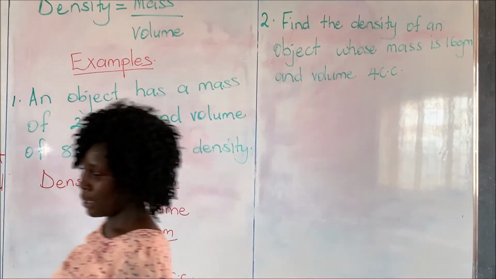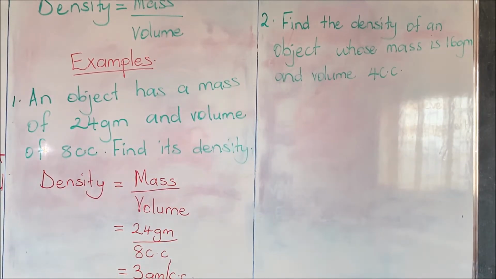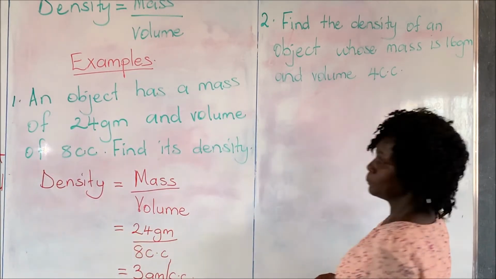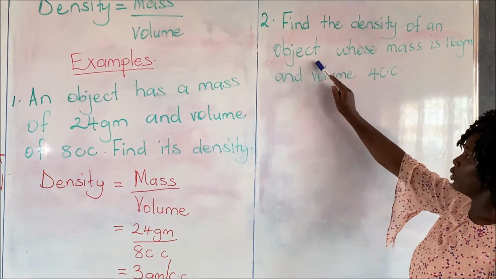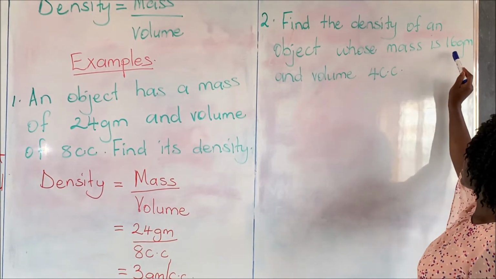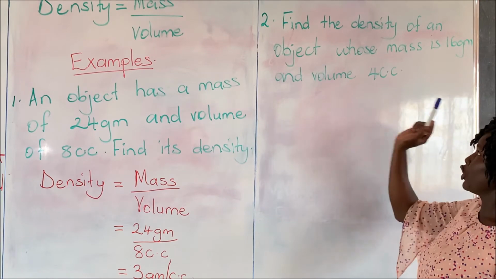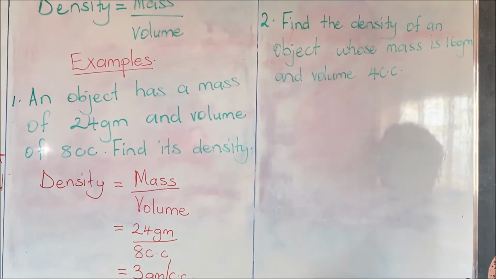That is our activity number 2. Have a look at the question. It says, find the density of an object whose mass is 16 grams and the volume 4 cubic centimeters.